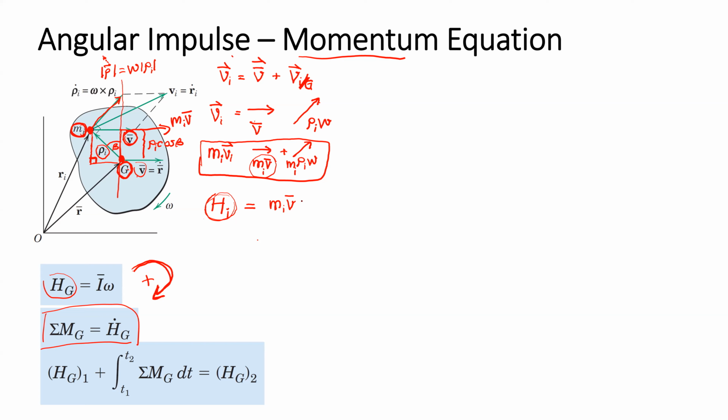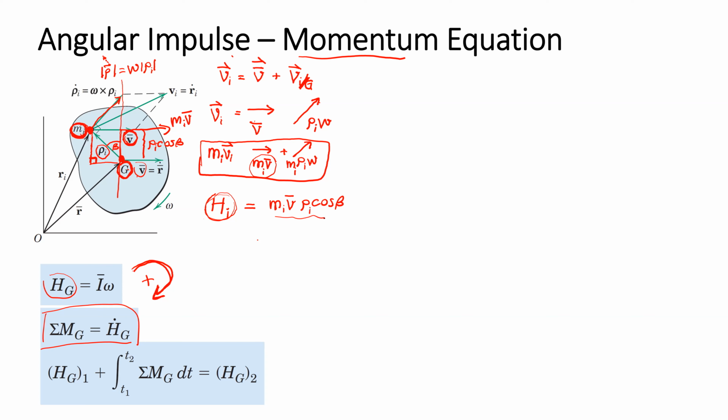Mi v bar multiplied by rho I cosine beta is the linear momentum of a small particle with the v bar velocity, creating angular momentum about point G in the clockwise direction with this magnitude.